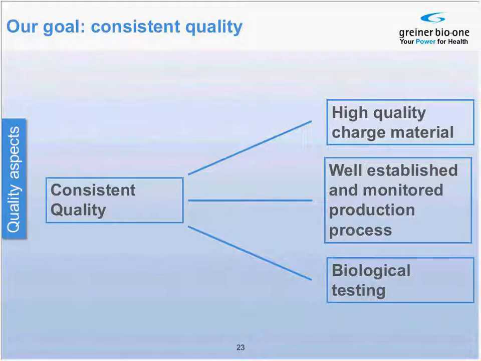Very important for the performance of immunoassays, besides microplate properties, is a constant quality of the microplates used. To achieve this goal, we use at Greiner Bio-One only high-quality charge material for the production of our microplates. The production process is well established and monitored, and the performance of the ELISA plates is controlled by biological testing.